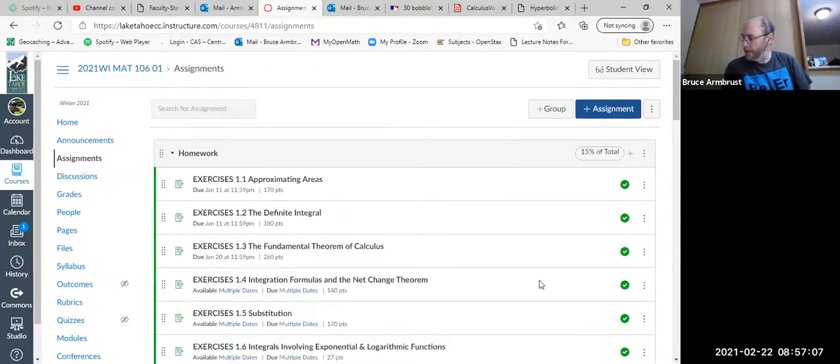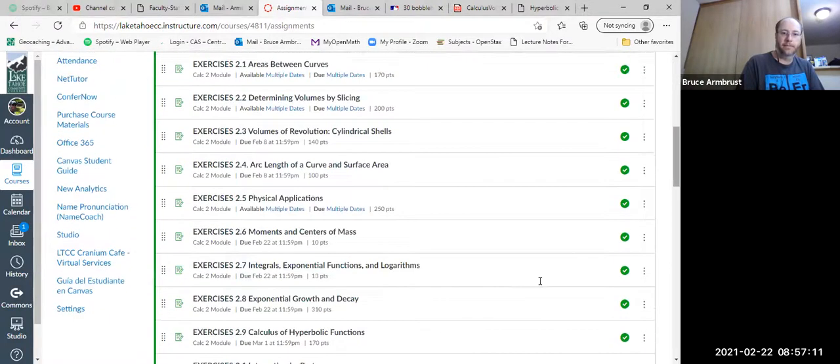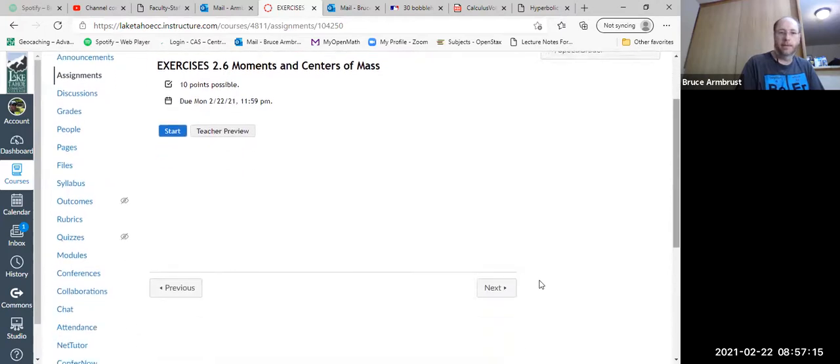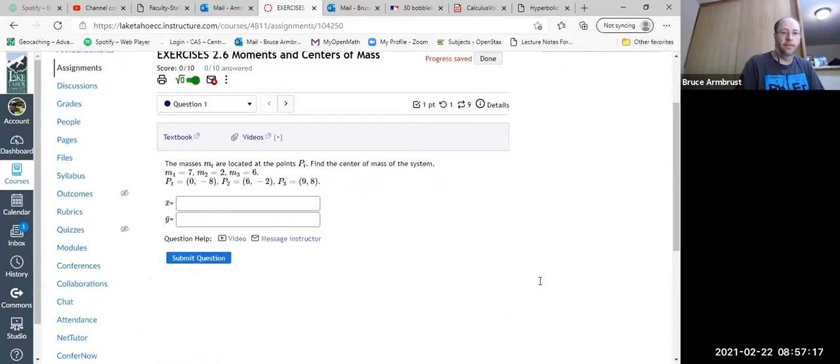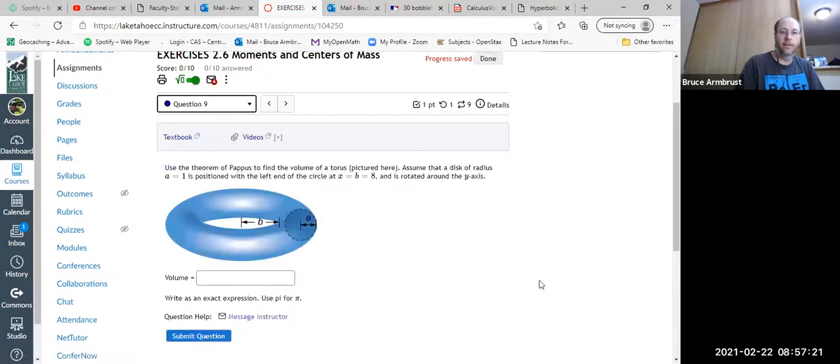Okay, so that was number 9 from 2.6. So use the theorem of Pappus to find the volume of a torus. Torus is just a donut.